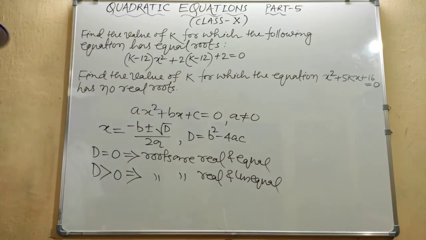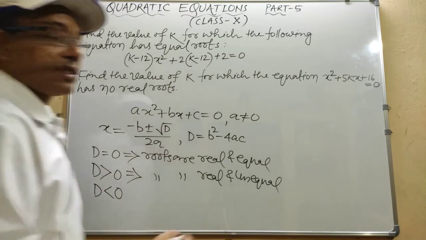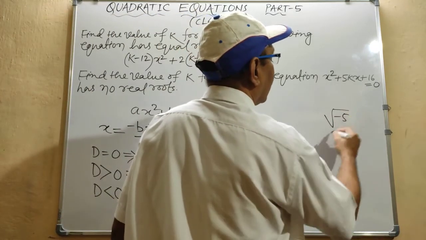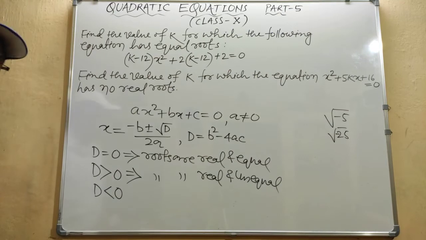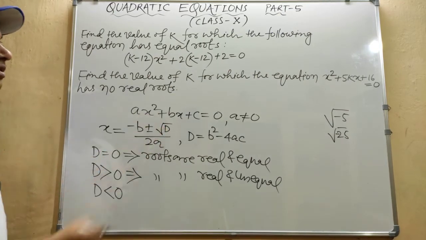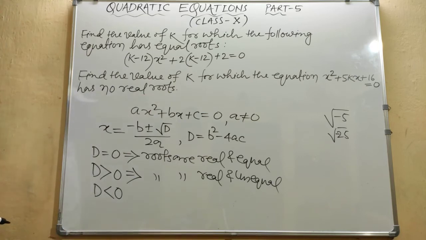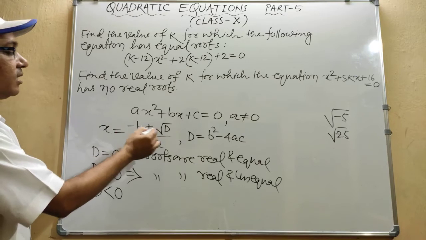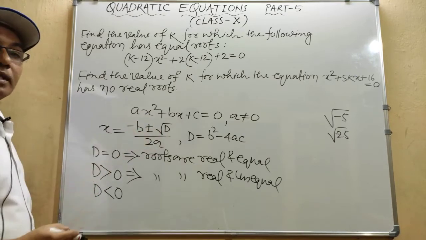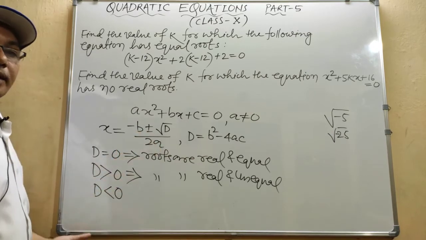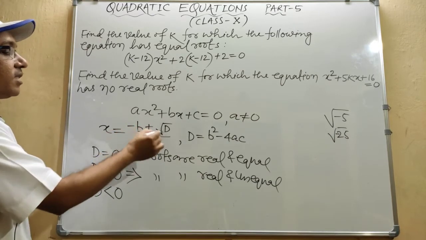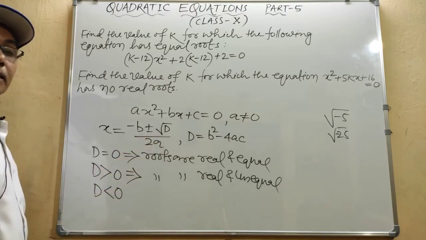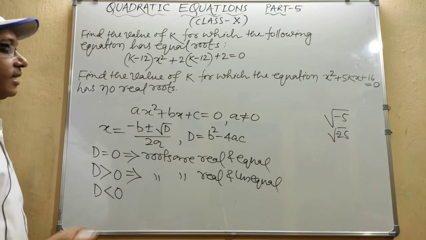रियल होगा लेकिन अनइक्वल. और अगर d छोटा हो गया 0 से, d छोटा मतलब ये नेगेटिव हो गया. रूट के अंदर अगर कुछ नेगेटिव लिखा हो, जैसे -5 है, -25 है, ऐसा, दीज आर कॉल्ड इमेजिनरी नंबर्स. ओके, तो ये हो जाएगा इमेजिनरी. इसका कोई रियल वैल्यू नहीं निकलता है रूट के अंदर अगर माइनस है तो. अब इमेजिनरी को किसी में जोड़ेंगे, इमेजिनरी को किसी से घटाएंगे तो भी वो इमेजिनरी होगा, और उसको फिर किसी रियल नंबर से डिवाइड करेंगे तो भी इमेजिनरी होगा. माइनस बी प्लस इमेजिनरी, माइनस बी माइनस इमेजिनरी, इमेजिनरी डिवाइडेड बाय एनी नंबर इमेजिनरी, means both the roots will be imaginary and unequal.